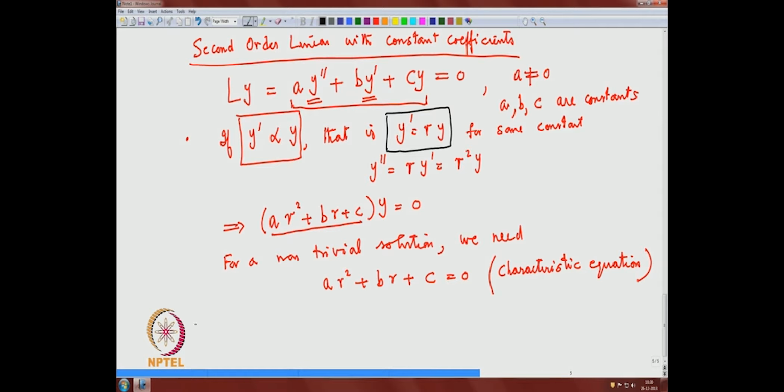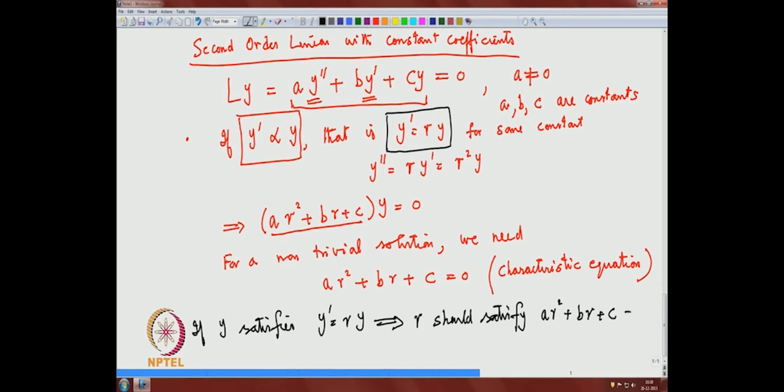That is, if y satisfies y prime equal to r y, that will imply r should satisfy a r square plus b r plus c equal to 0.